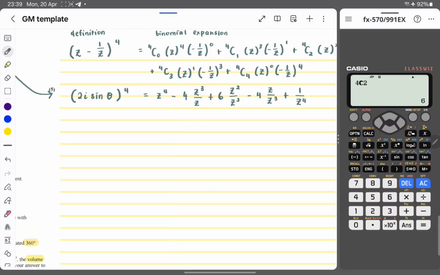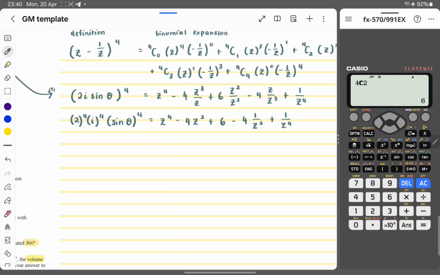Now let's expand our left hand side. So we have 2 to the power of 4, i to the power of 4, and sine theta to the power of 4. And what happened for our right hand side? We will simplify. So this one will be z to the power of 4 minus 4z squared plus 6 minus 4 1 over z squared plus 1 over z to the power of 4.